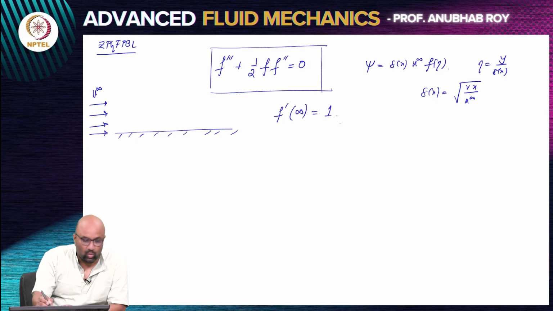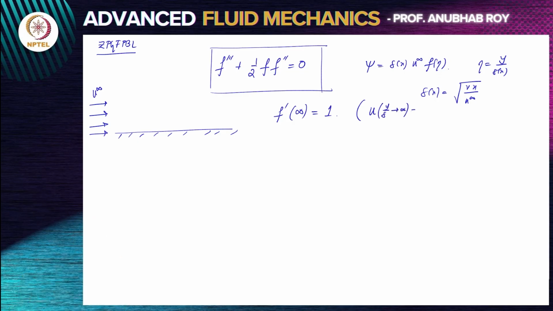is equal to 1. This is the boundary condition, if you recall, actually comes from the fact that u at the edge of the boundary layer is going to be u infinity.